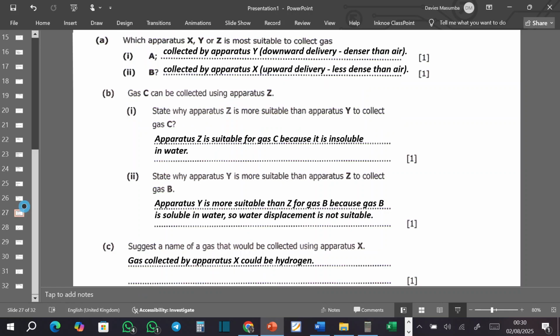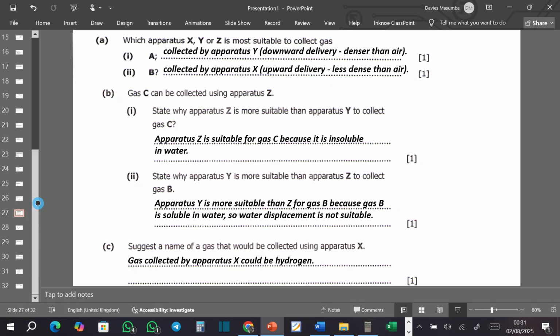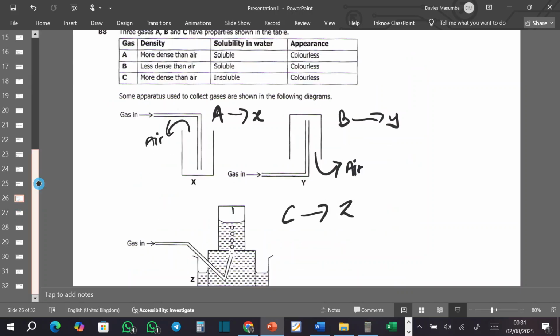So now we are saying which apparatus, X, Y, or Z, is most suitable to collect each gas. Roman numeral 1, A collected by apparatus Y. Is it? Downward delivery, denser than air. A is more dense than air.